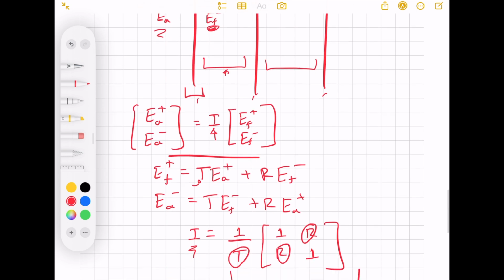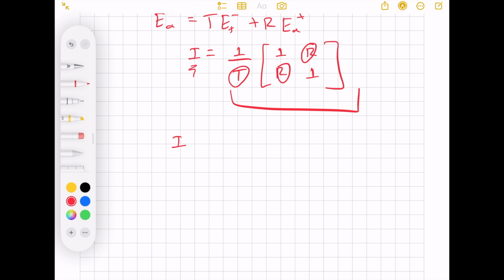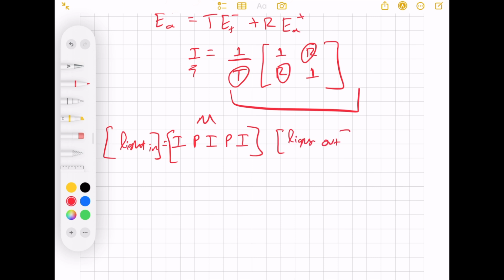So let's talk about the propagation matrix. How that would work is I times the propagation matrix of the film, and then this other interface times the propagation matrix of the substrate, and then the final interface. And this would give us the light in is equal to this matrix that we're just going to term M times the light out.